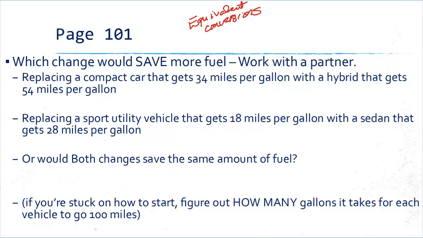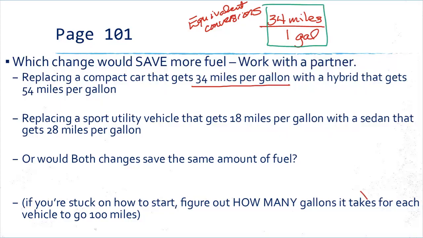So replacing a compact car that gets 34 miles per gallon, if I were to write that as a fraction, I would say 34 miles per, and that would be my division bar, 1 gallon. These are equivalent. So this is an equivalent conversion.